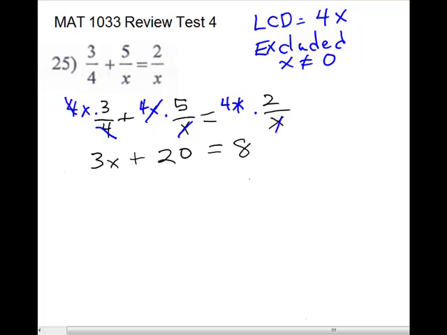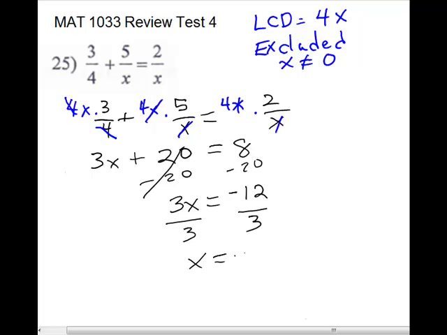Now we have a standard two-step equation. We want to isolate the x. So we're going to subtract a 20 from both sides. We get 3x equals a negative 12. And divide by 3. So we get x equals a negative 4. We threw away 0, so our answer is negative 4.